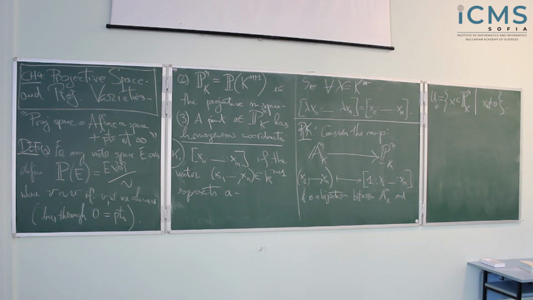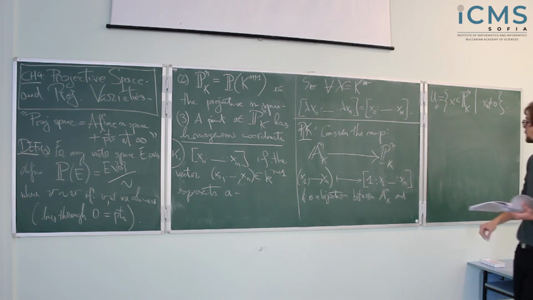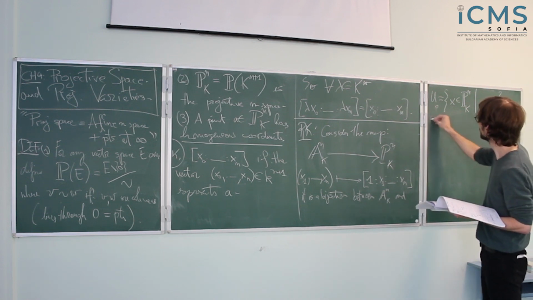So if I have a point here, it has homogeneous coordinates, and if one of its representatives has x0 not equal to 0, every one of its representatives will have x0 not 0. So this is well defined.